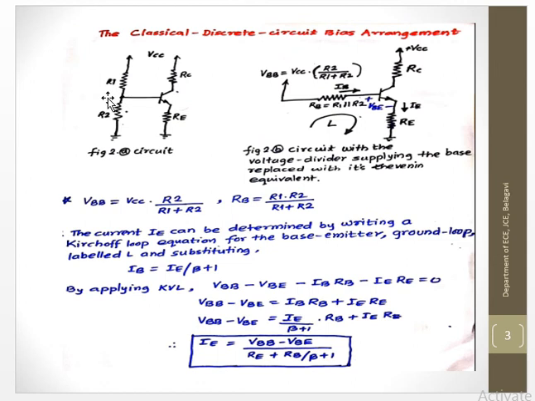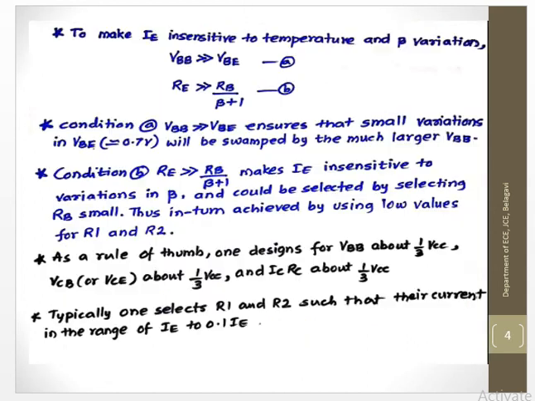As a thumb rule, this voltage should be one third of VCC, the voltage at the collector terminal should be one third of VCC, and the drop across RC, ICRC, should be one third of VCC. Typically one selects R1 and R2 such that their current is in the range IE to 0.1 IE.